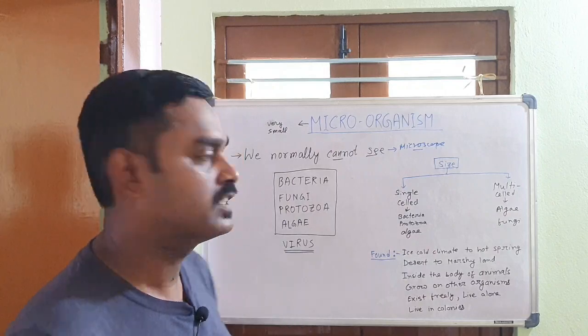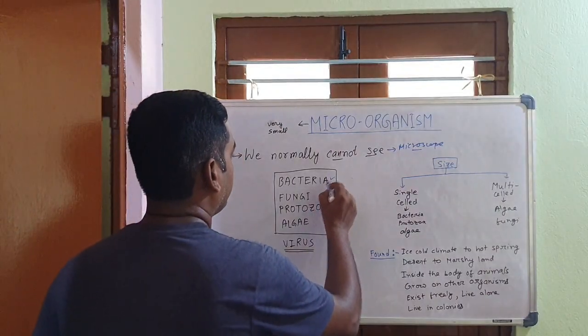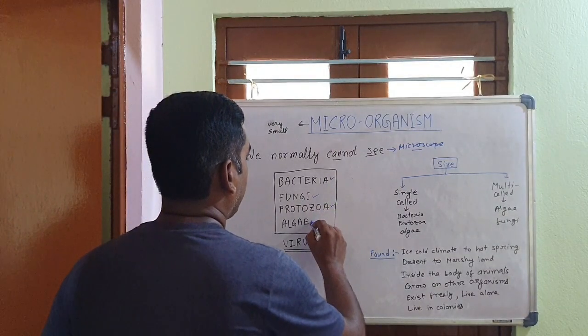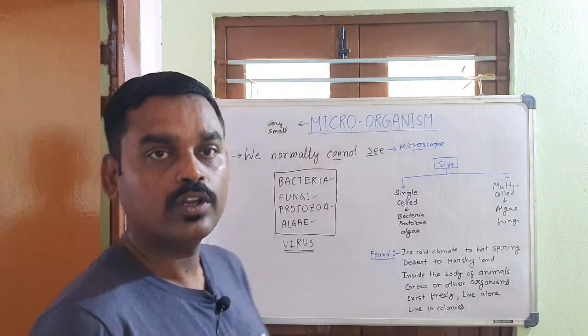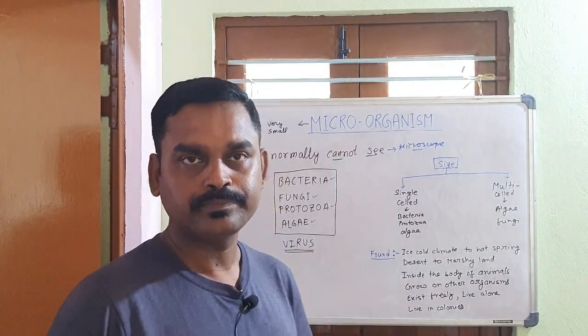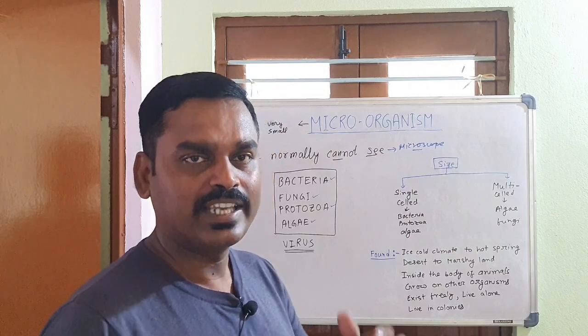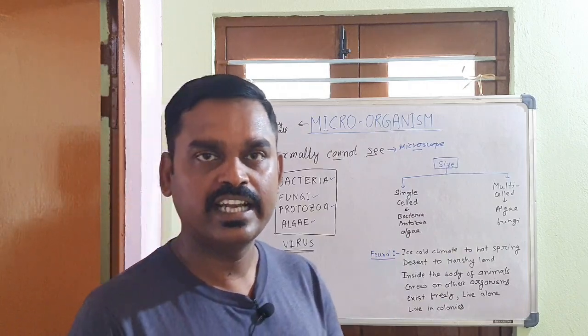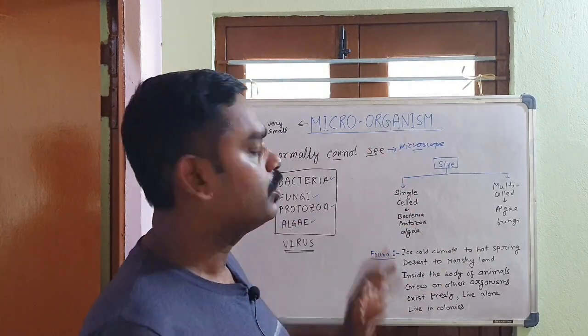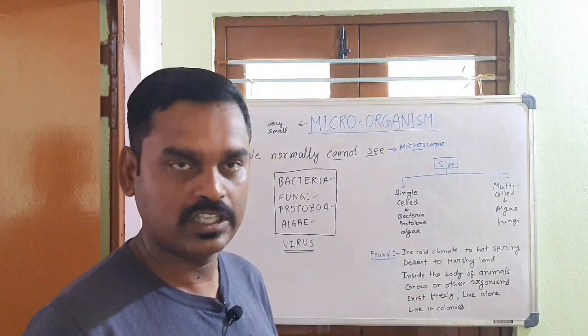These four major classes are bacteria, fungi, protozoa and algae. We cannot see them by our naked eyes, so we use a microscope to see these microorganisms.